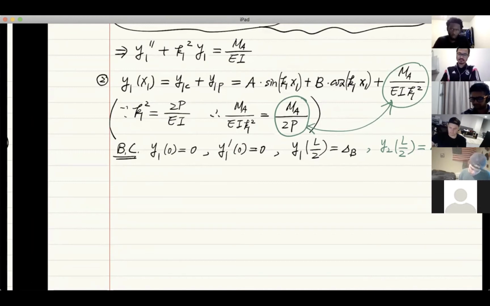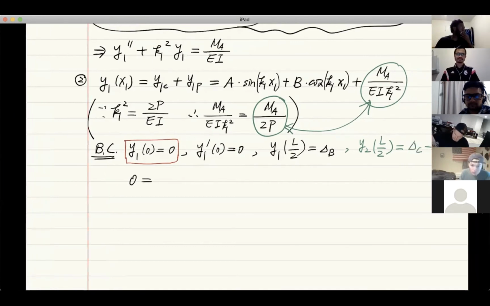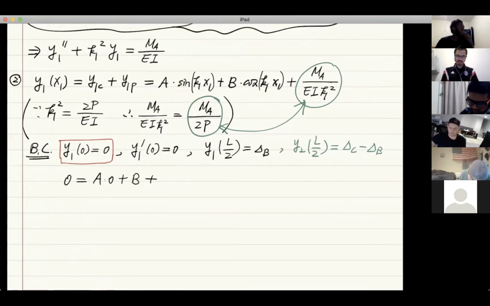The way we're going to solve it is to plug in the coordinate conditions. The first one, use this: when y1 at x1 is 0, that gives 0 equals sine 0 is 0, so A times 0, plus cosine 0 is 1, plus B, plus MA over 2P.